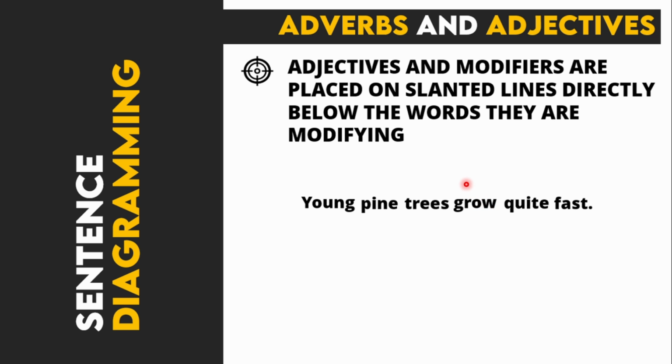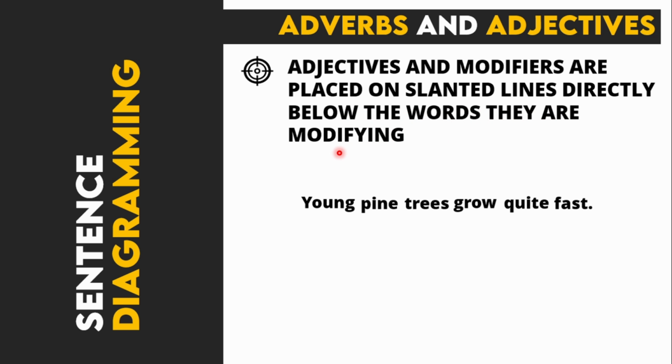Okay? Later on, we'll be discussing how you would diagram this, but adjectives and modifiers such as adverbs are placed on slanted lines. Which means you're going to draw a slanted line below the horizontal line. Okay? Directly below the words they are modifying.